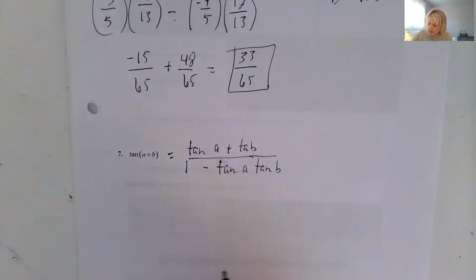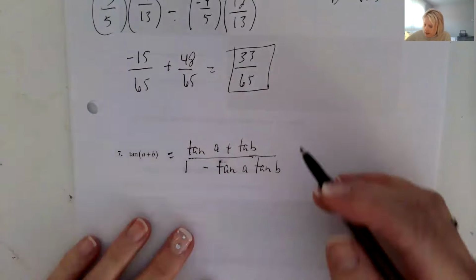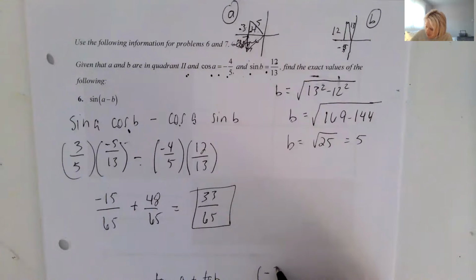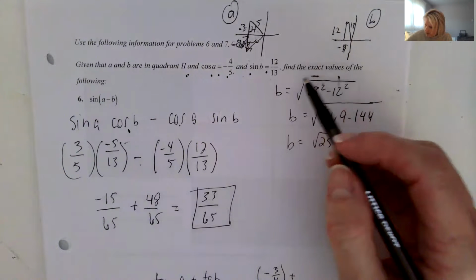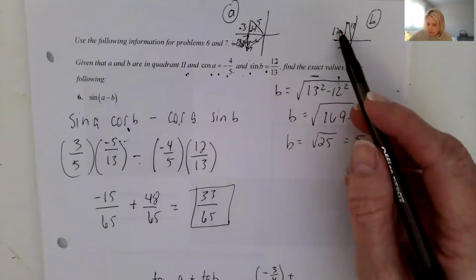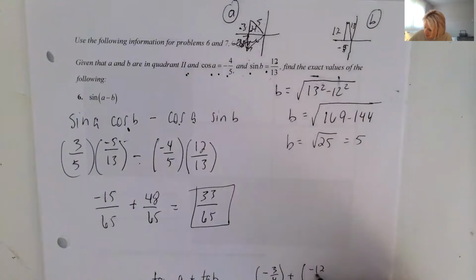Number 7. So tangent is opposite over adjacent. So the tangent of A is the opposite over the adjacent. So that's going to be negative 3/4 plus the tangent of B, which is the opposite over the adjacent, so negative 12/5, all over 1 minus tangent of A, negative 3/4, times negative 12/5.